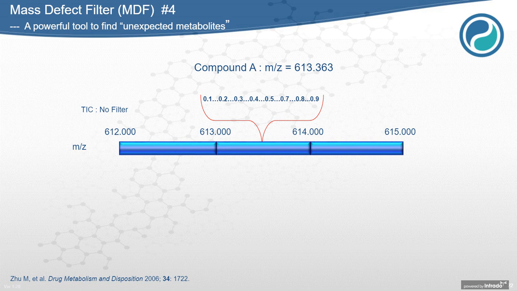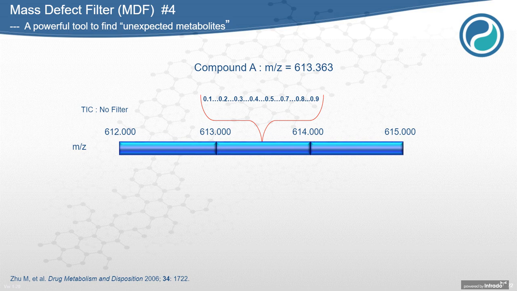There will be something in the order of 800 or 900 separate ions observed in an accurate mass data set across that one AMU period of mass spectral data. And so when we typically use a total ion chromatogram, we just select one mass from that block.